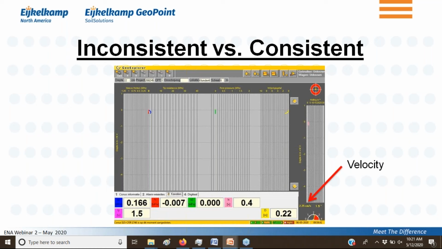But as you are doing your CPT, you continuously see the unit there, and you also see the velocity shown here is 2.25 centimeters per second, so 22 millimeters per second, slightly more than the standard 20, but within the standard because the standard allows 25 millimeters. Not only is this shown on the screen, it's also recorded in the data file so that when you see the data later on, you can make sure that it was indeed adhered to.